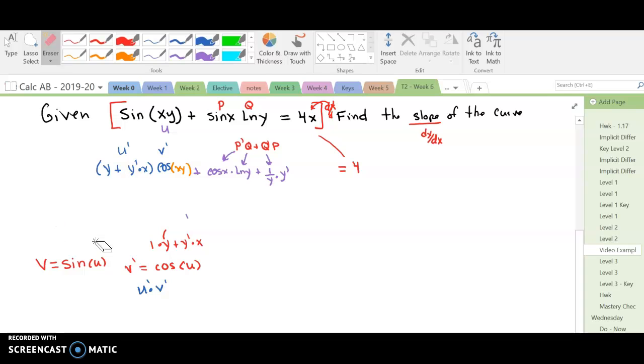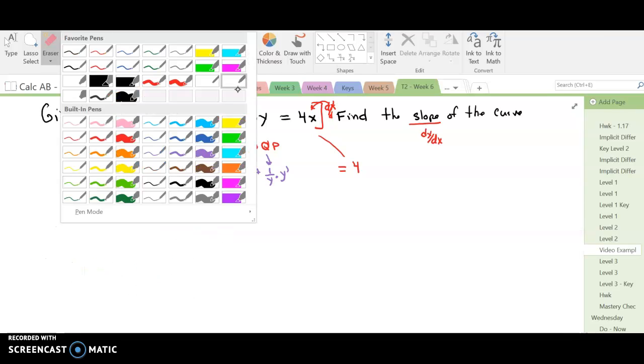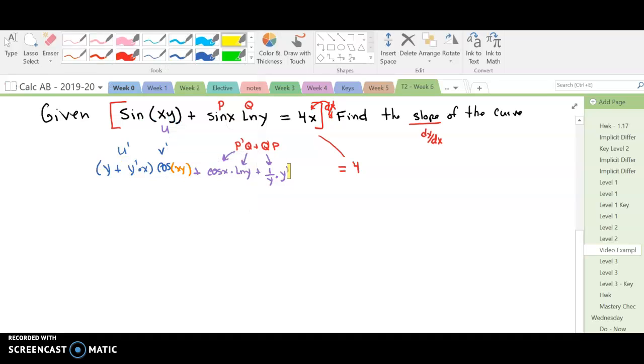We're going to erase this for some space. I'm looking for all y prime terms. Here's one. Here's another. So in order to get this y prime by itself, I'm going to have to distribute this cosine xy times everything.